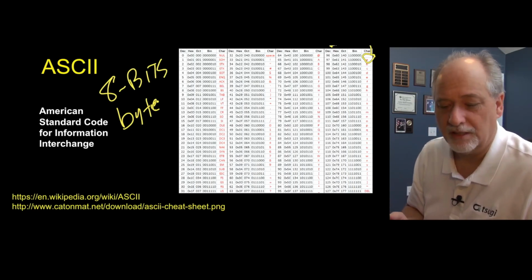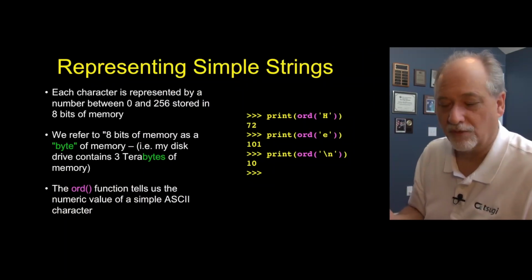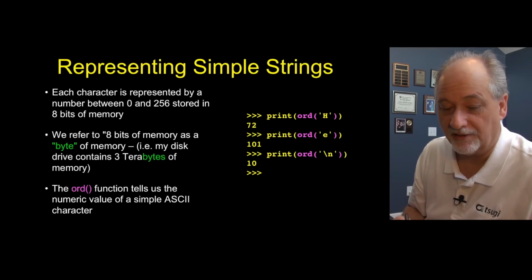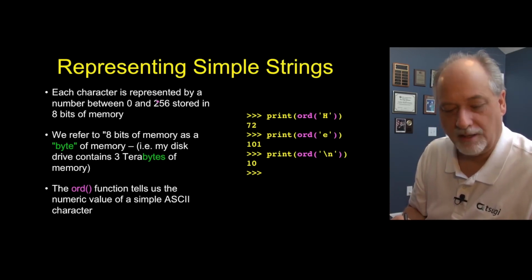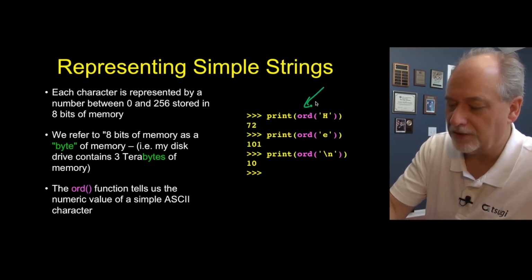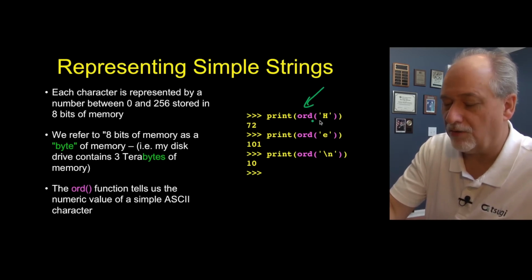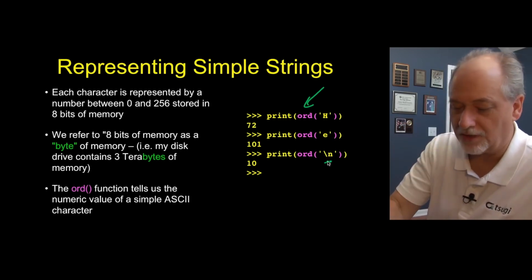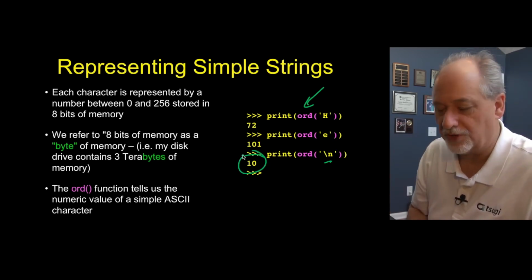But unfortunately, this doesn't work for more complex characters. You can figure out these numbers inside of Python by using the ord function. And so you say, what is the ordinal, or the numeric representation, of the uppercase H, lowercase e, and newline, which is a character as well. And so 10 is the ordinal position of newline.